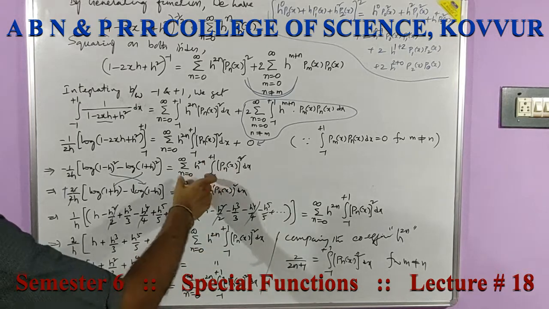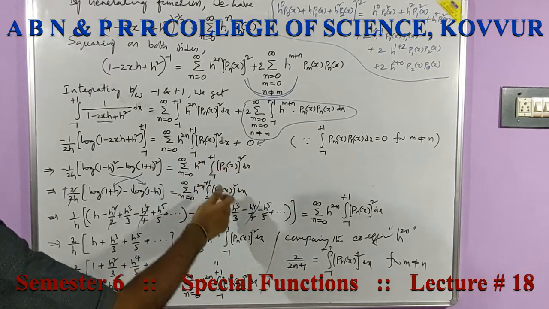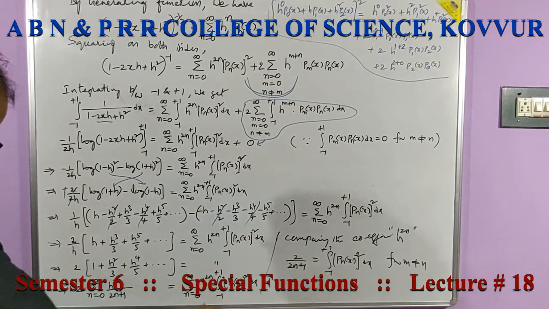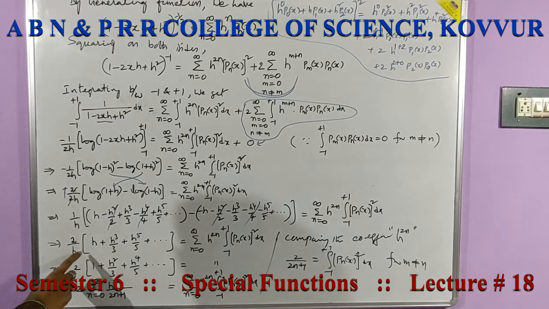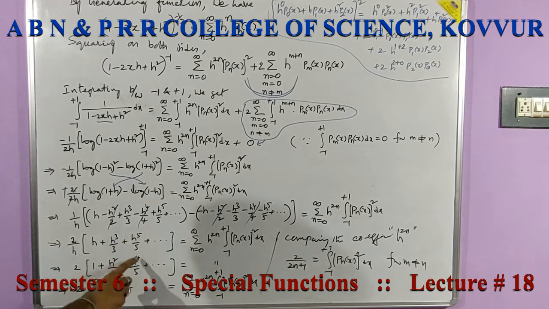The right hand side function is sigma n equals 0 to infinity, and so on, that will come as it is. Sending 1 by h into the bracket, we get 2 into 1 plus h square by 3, h power 4 by 5, and so on.